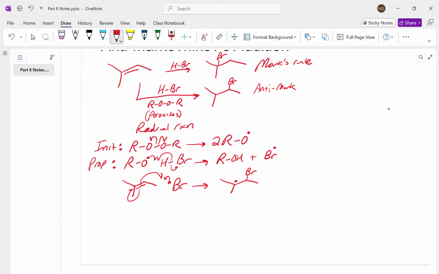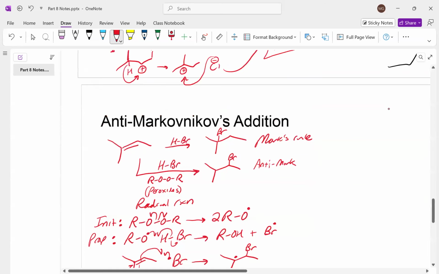Now I want you to notice a couple of big differences between this and the mechanism we talked about on the previous page. First of all, it involves a radical, so there's no carbocations. Secondly, go back up to your notes real quick. In a hydrohalogenation that goes to a carbocation, what atom got added first? Let's go back up and look.